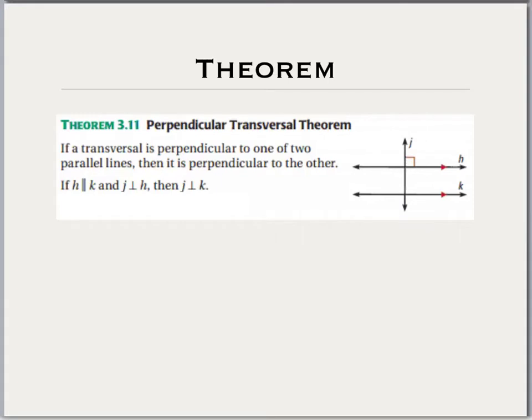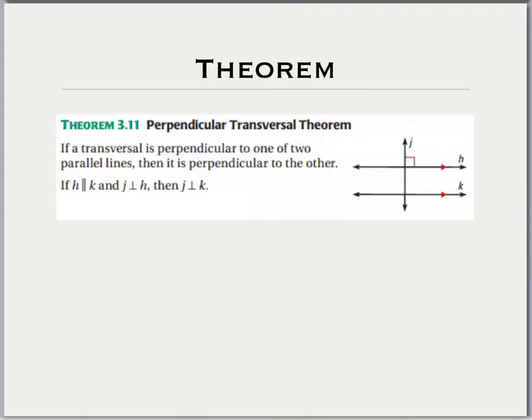Alright, theorem 3.11 is the perpendicular transversal theorem. It says if a transversal is perpendicular to one of two parallel lines, then it is perpendicular to the other.